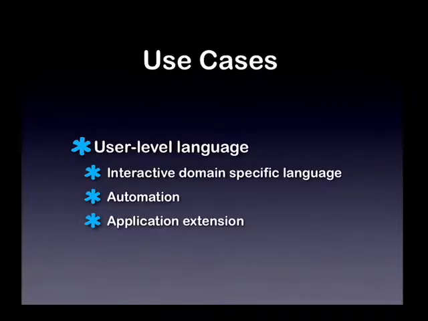Another use case is to employ it as a user-level language. That is, to provide it to your users as an interactive domain-specific language, for instance. What you have to do is model your domain as objects and just let users interact with them using FScript. So it's also useful for automation and application extension.